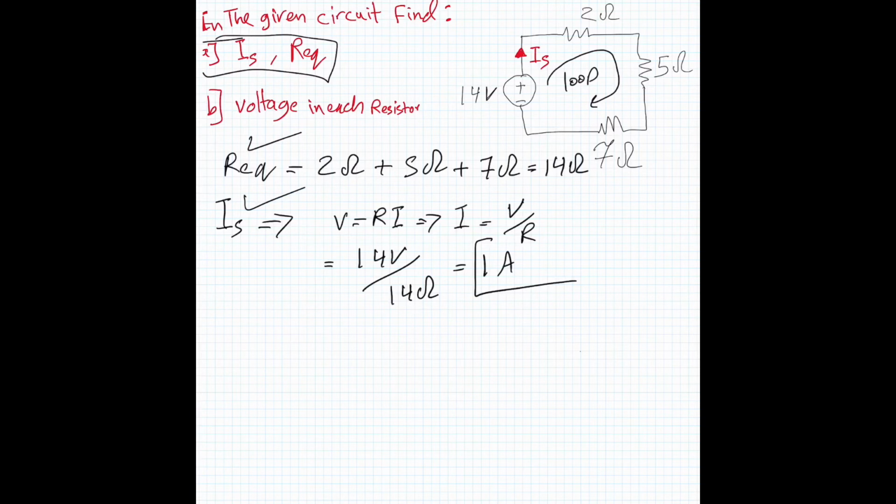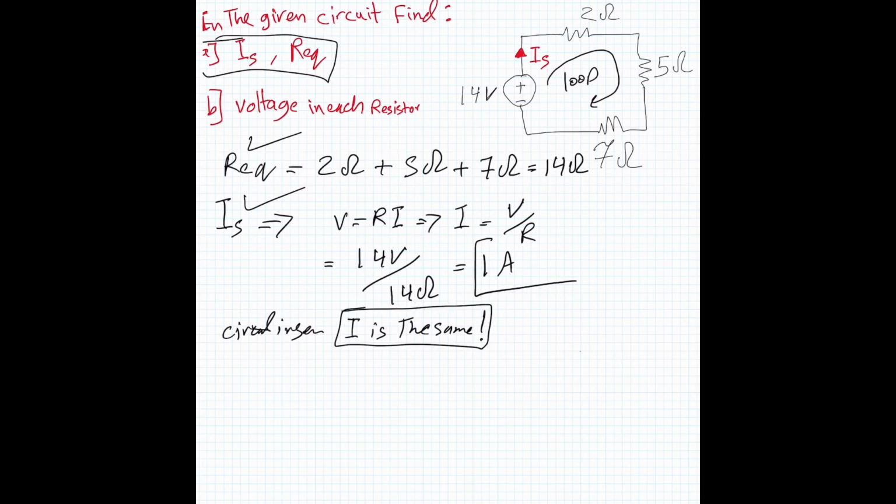Now we go to the second part of the problem, where it says find the voltage in each resistor. If you remember, we said if we have circuits in series, the current is the same.